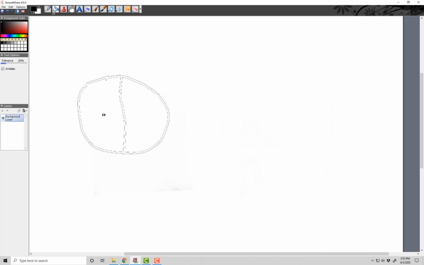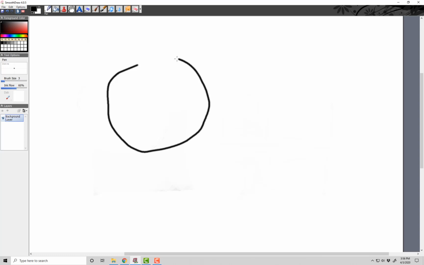Let's get our eraser. You know what, let's start all over. Let's erase all of this. I'll draw a new circle. Let's see if I can make it any better than the first one. A little bit better. That's another pie.